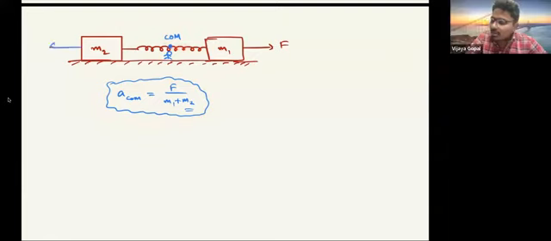The pseudo force on M2 will be m2 times a center of mass, and on M1 it will be M1 times a COM.